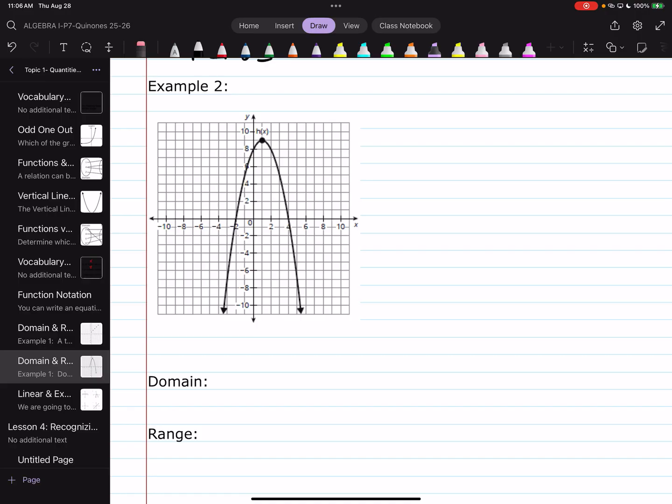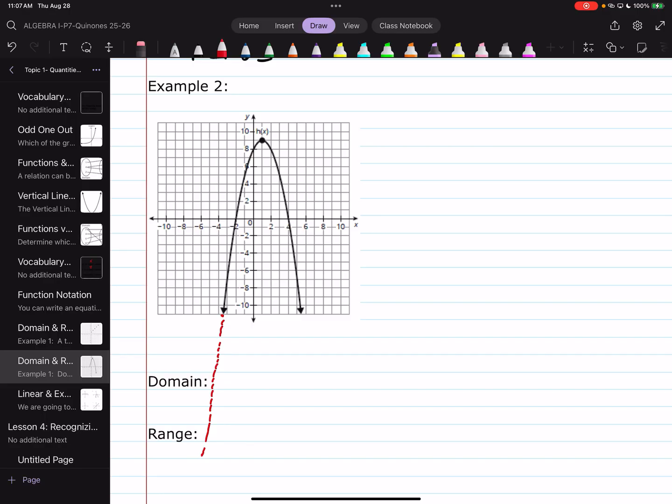All right, everybody, let's talk about the domain. I want to see if I can guide some of you that potentially couldn't get it. Some of you are pretty bright. This graph is going to keep going how far? Forever. Even as I'm going to the left, it's going to keep going on forever.